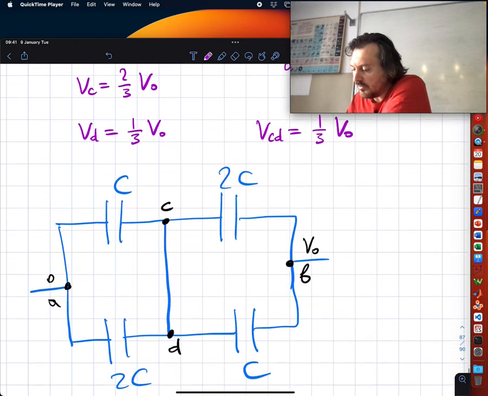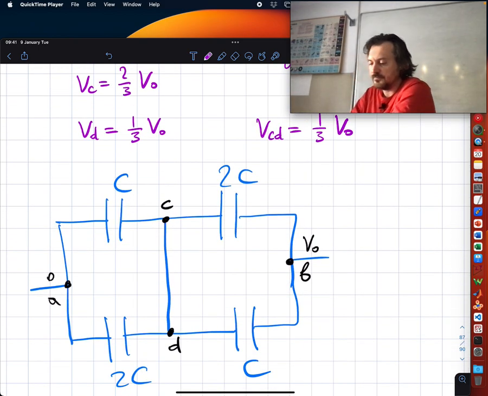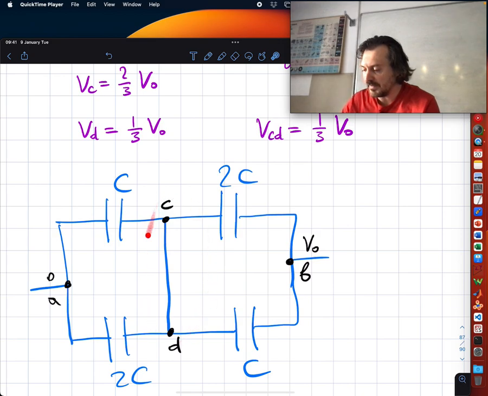Okay. Now the situation is different. Now they are going to have different charges because they have to have the same potential. So because of the symmetry, look, this is C and 2C, and these 2 points are basically connected.